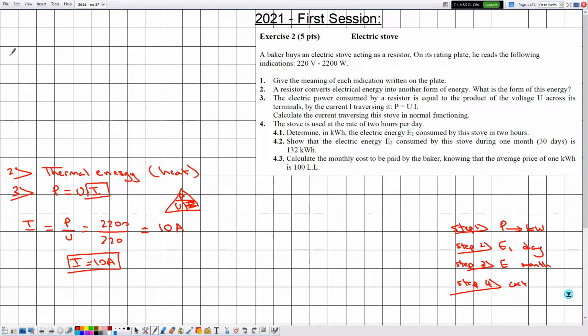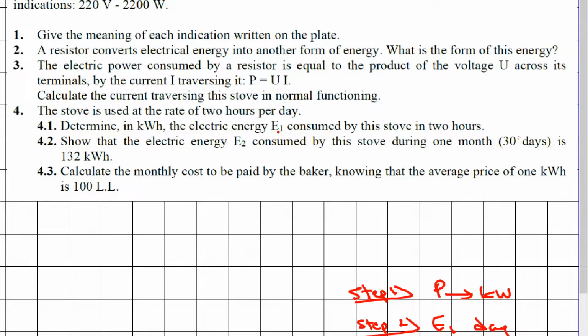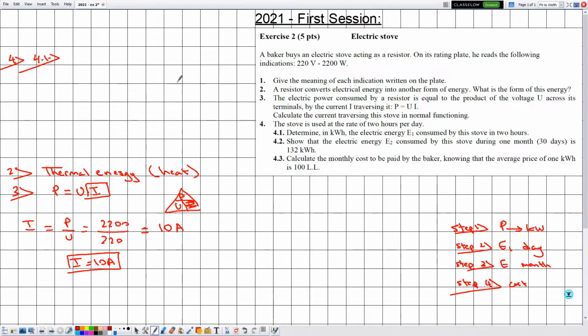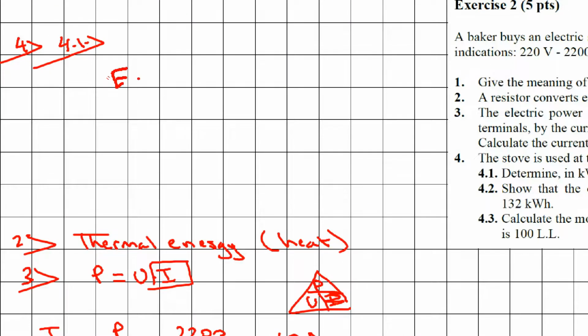Now this is 4.1. They are telling us to determine in kilowatt hour the electric energy E1. Then we know that the formula of energy is given by E is equal to P multiplied by T. They are asking this to be in kilowatt hour, and this is coming from the fact that power must be in kilowatts and time in hour.